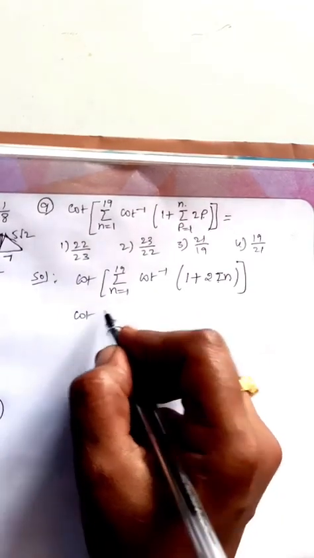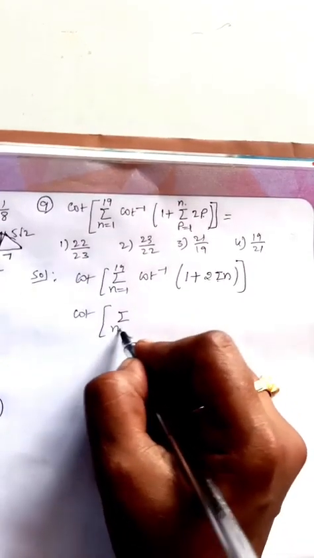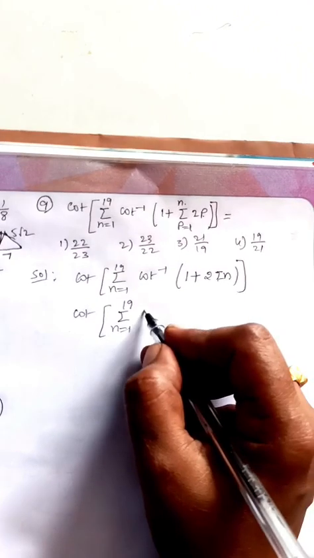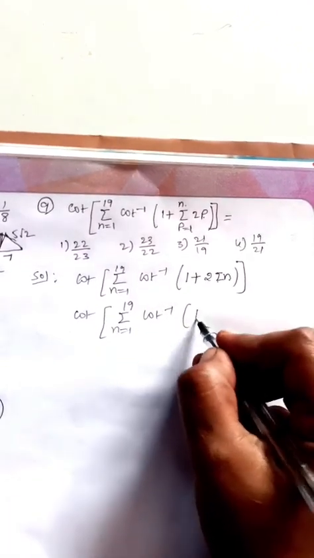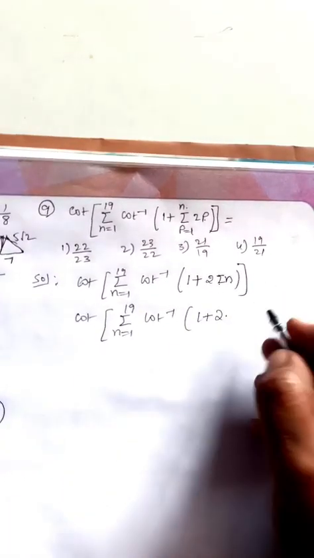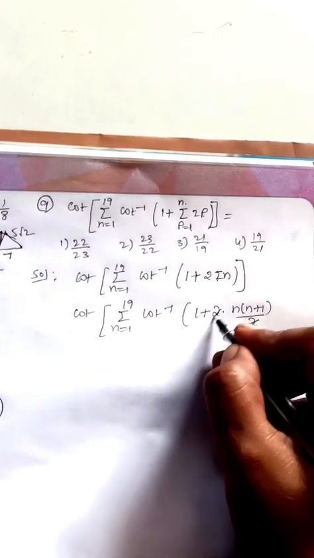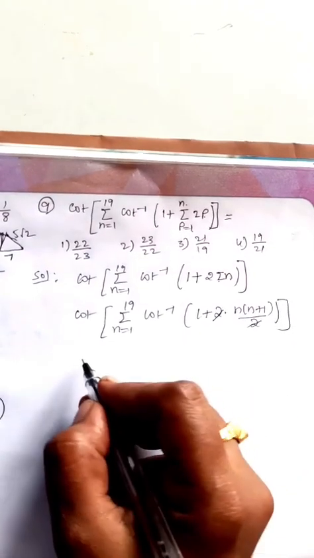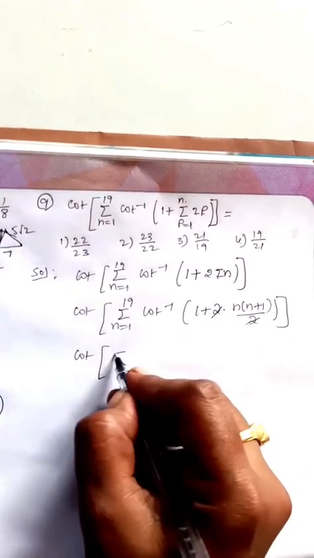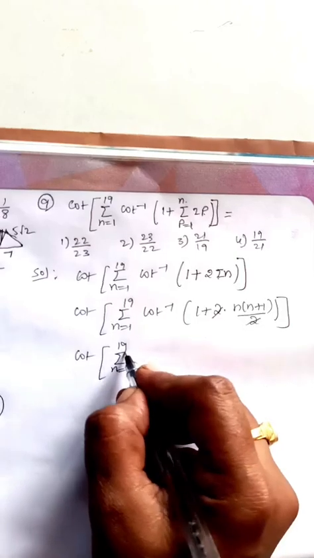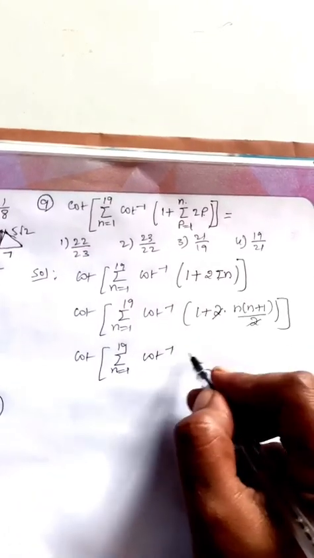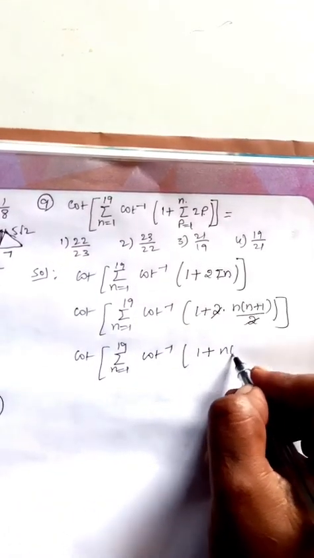So cot of sigma n equal to 1 to 19, cot inverse of 1 plus 2 into sigma n, which is n into n plus 1 by 2. So the 2 gets cancelled. So cot of sigma n equal to 1 to 19, cot inverse of 1 plus n into n plus 1.